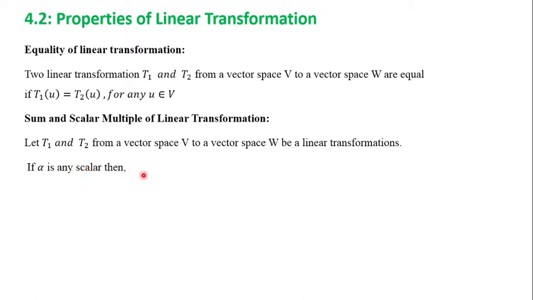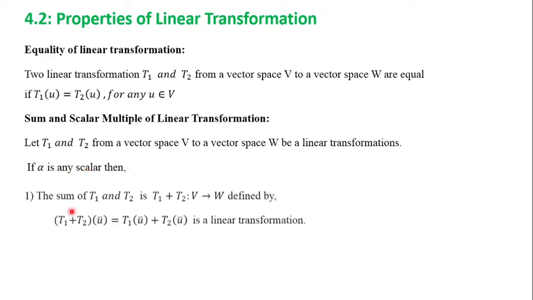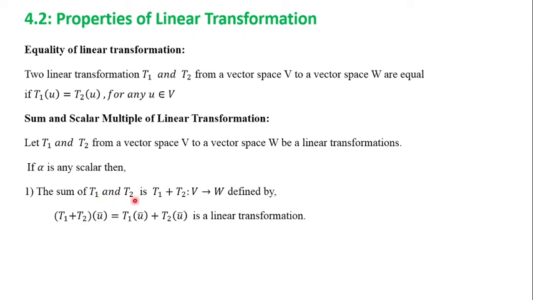If alpha is any scalar, then number 1, the sum of T1 and T2 is a map T1 plus T2 from vector space V to vector space W defined as T1 plus T2 operating on U is the same as T1 operating on U plus T2 operating on U. So the sum is a linear transformation.